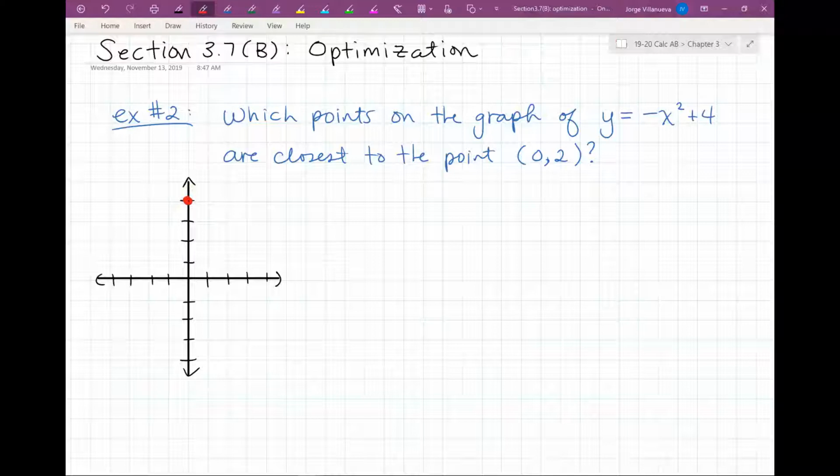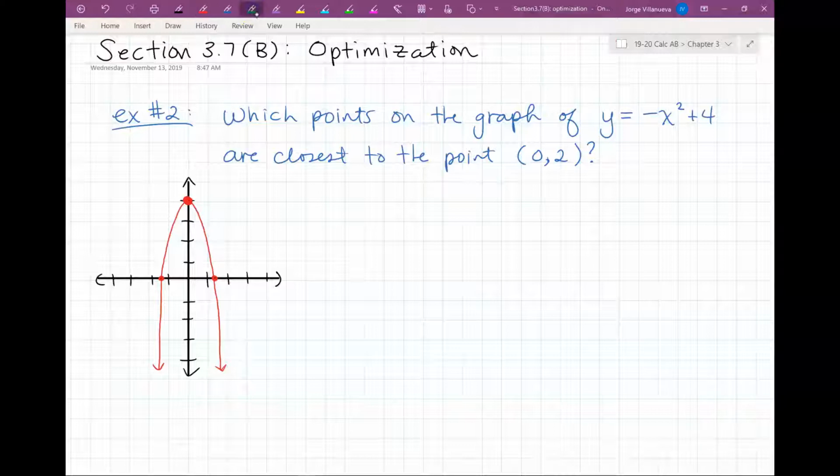Okay, and its x-intercepts will be plus or minus radical 2, so that's going to be around here. Okay, so there's your graph for this thing.